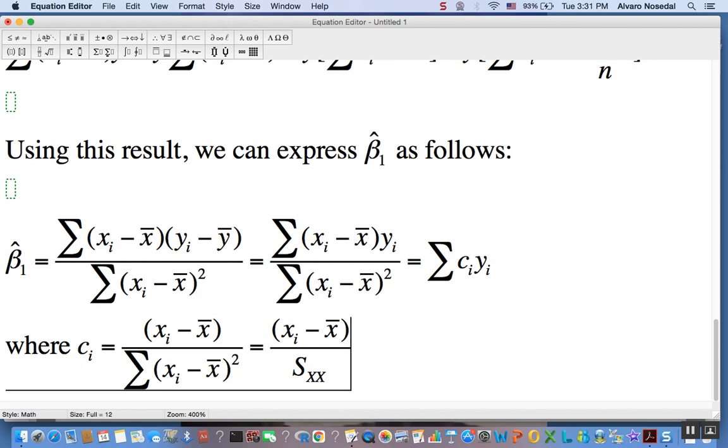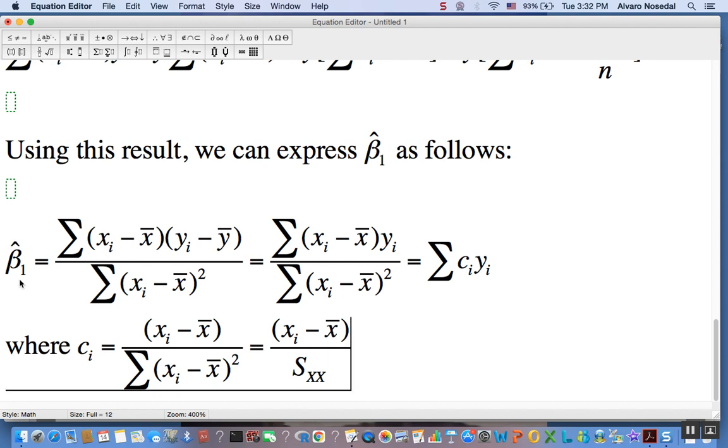So we are almost there, right? Hey, guess what? We were able to express our estimator beta 1 hat as a linear combination of yi's. And since the yi's are normally distributed, that implies that beta 1 hat must have a normal distribution as well, right?